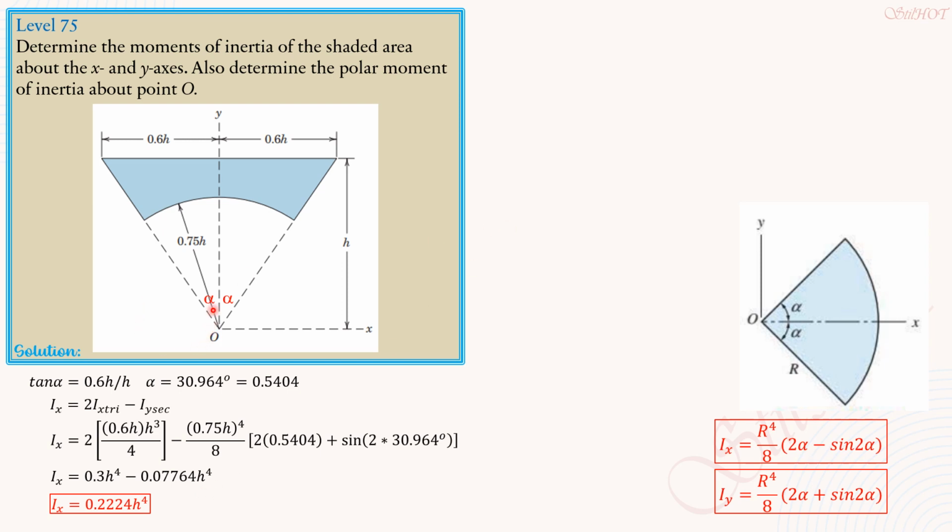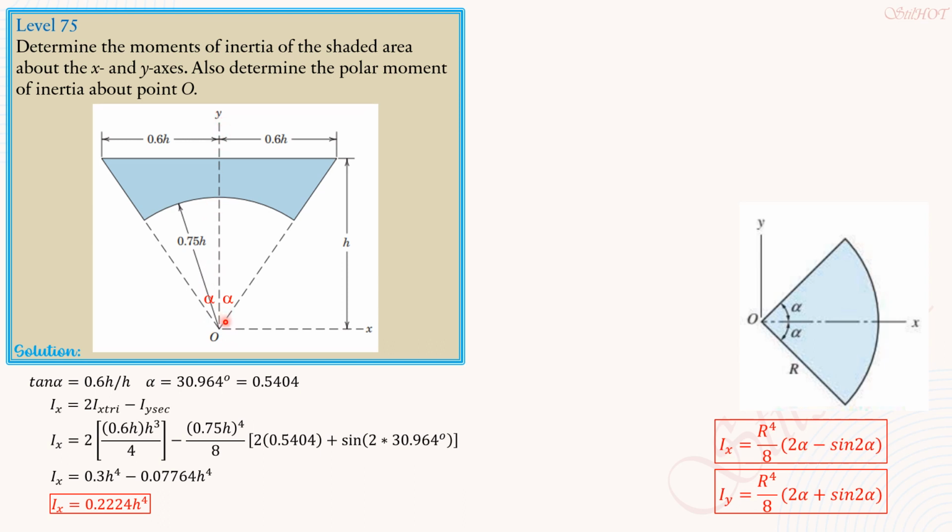Likewise, the moment of inertia of the shaded section with respect to the y-axis is 2 times the moment of inertia of this triangle, which is 0.6h cubed times height over 12, because this is with respect to the leg, times 2 because we have two triangles, minus the sector.